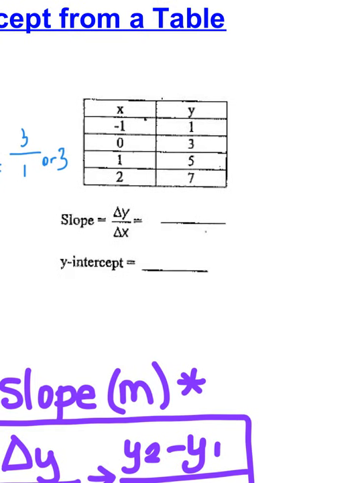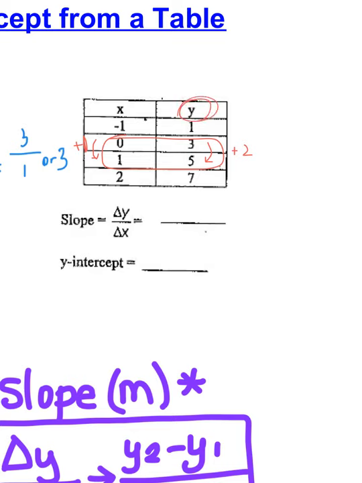But let me look at the slope first. I'll pick two ordered pairs. I'm probably going to stay away from that negative this time, so I'll go with these two. I'm going to find my change. From 0 to 1, it went up 1, so plus 1. And from 3 to 5, it went up 2, so plus 2.